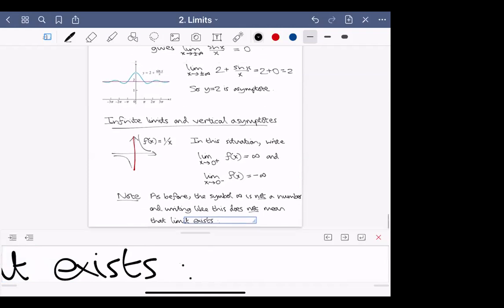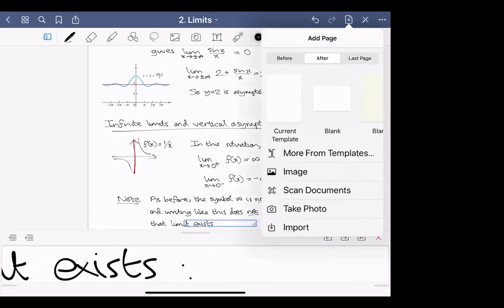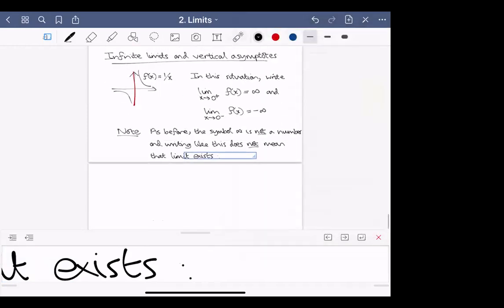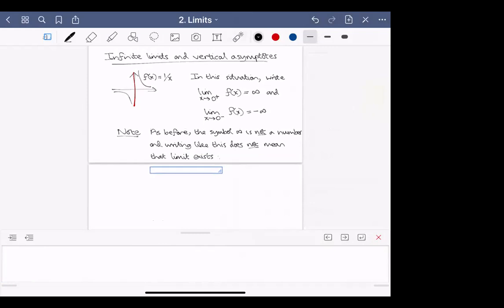Because remember, we discussed last time that limits like this do not exist. But this writing means something quite particular. So we'll give a definition in a moment.